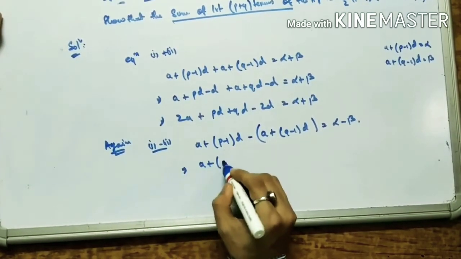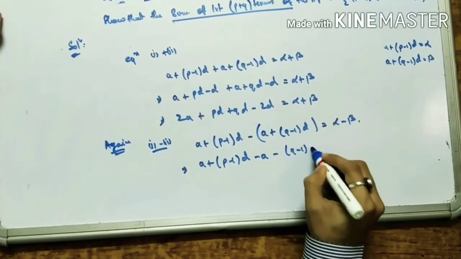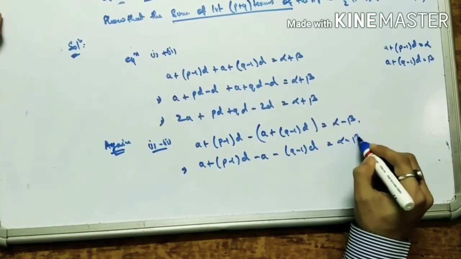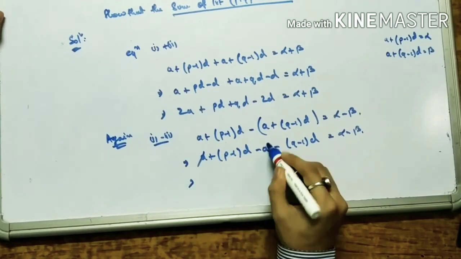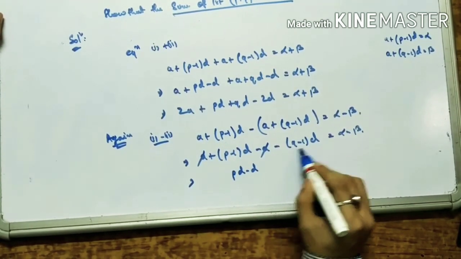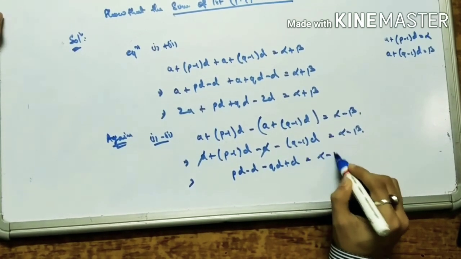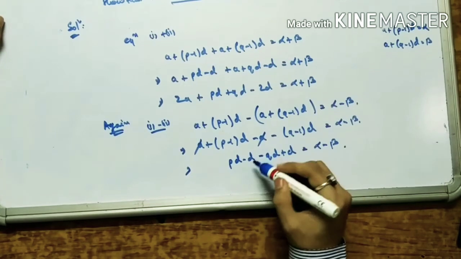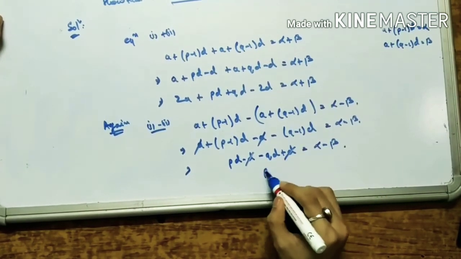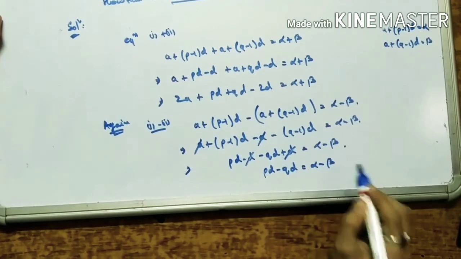So the d's cancel, and ultimately I will get pd minus qd is equal to alpha minus beta.